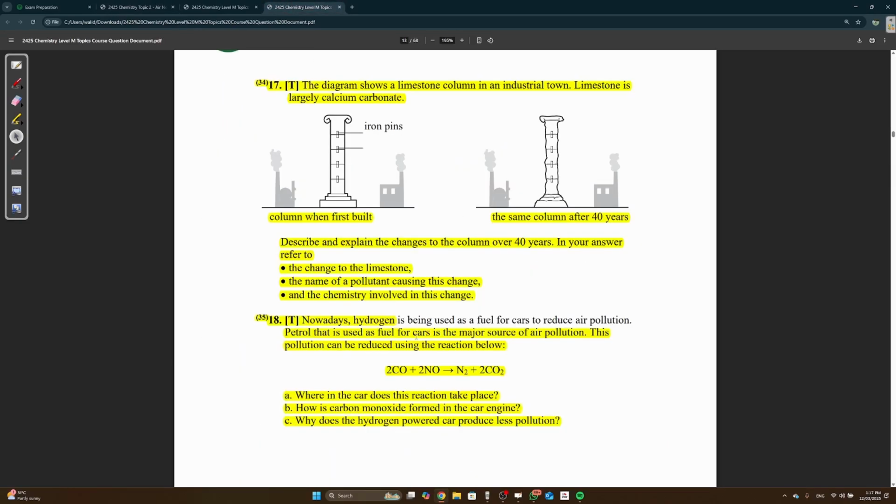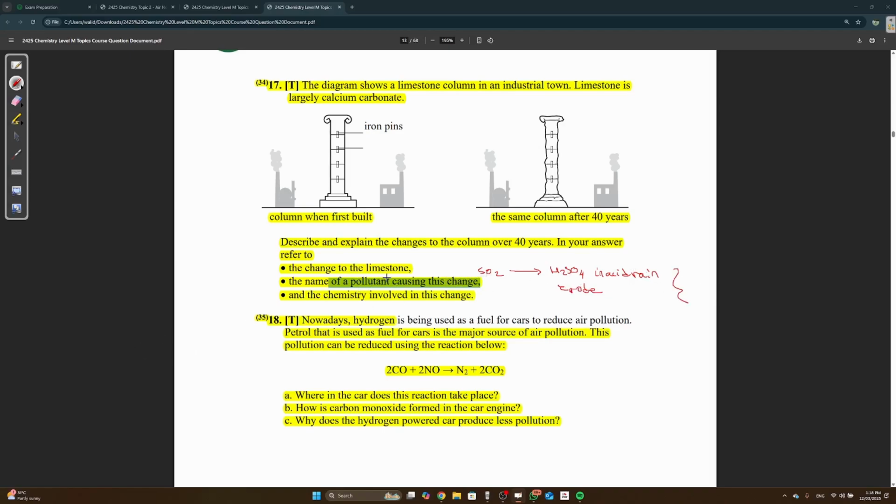statues. Okay, so you need to know the change. Refer to the change. It got eroded. What's the name of the pollutant that caused this change? Sulfur dioxide, which became sulfuric acid and dissolved in the acid rain, which caused it to erode, right? What's the chemistry involved in this change? I just said it now. So the pollutant is sulfur dioxide.